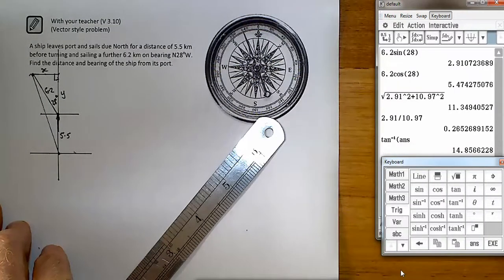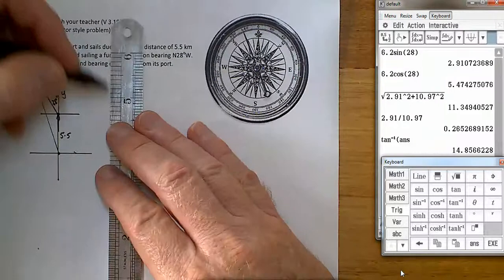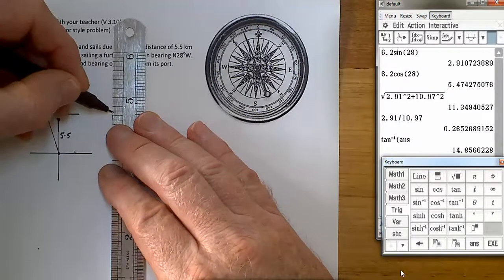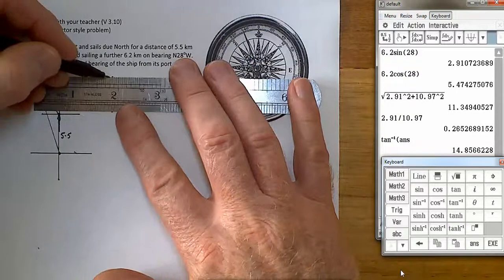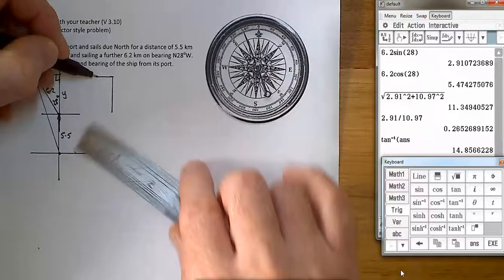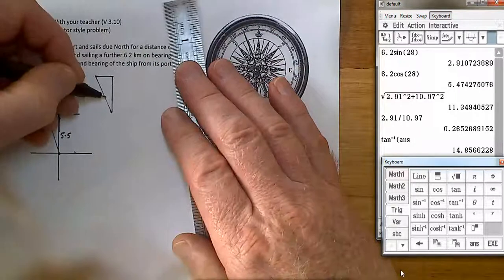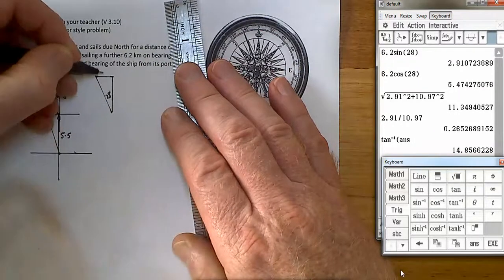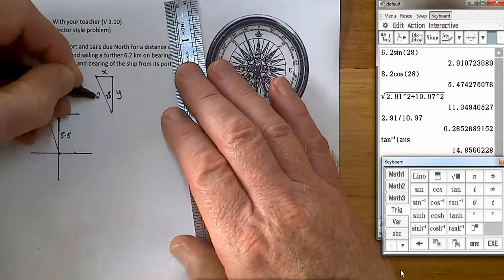Pythagoras will help me home from there. Let's just have a look. I might redraw this little triangle here because it'll help me see things a little bit clearer. That's 28, x, y, and 6.2. It's not much clearer, is it?